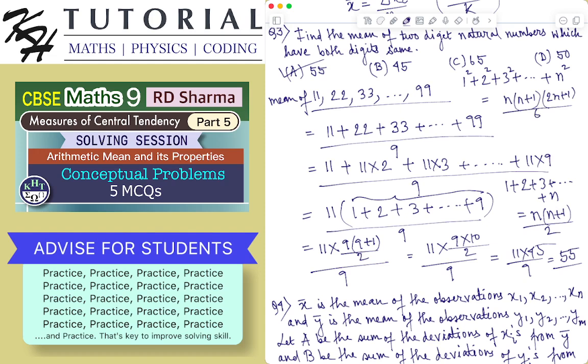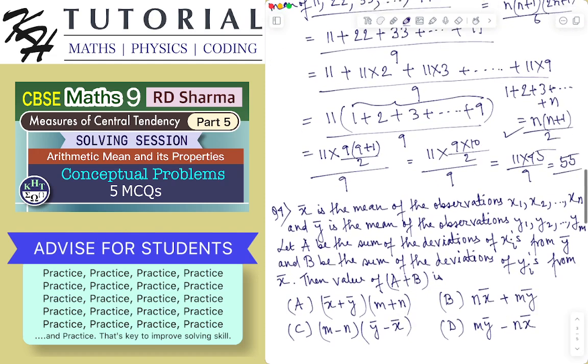I don't know whether you need this formula for solving problems in class 9 or not, but it is always a good idea to know these results. The sum of the first n natural numbers is n into n plus 1 by 2. The sum of the squares of the first n natural numbers is n into n plus 1 into 2n plus 1 whole divided by 6, and another is the sum of the cubes of the first n natural numbers.